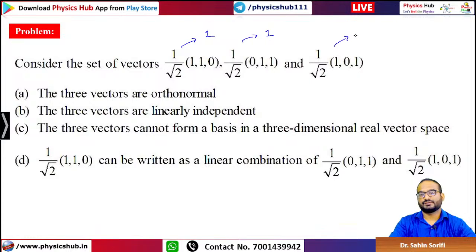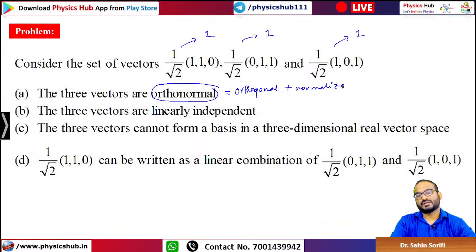Here also the magnitude is 1. But are they orthogonal? The orthonormal condition needs to be orthogonal plus normalized. So the second condition, normalized, is satisfied. But are they orthogonal? They are not orthogonal.